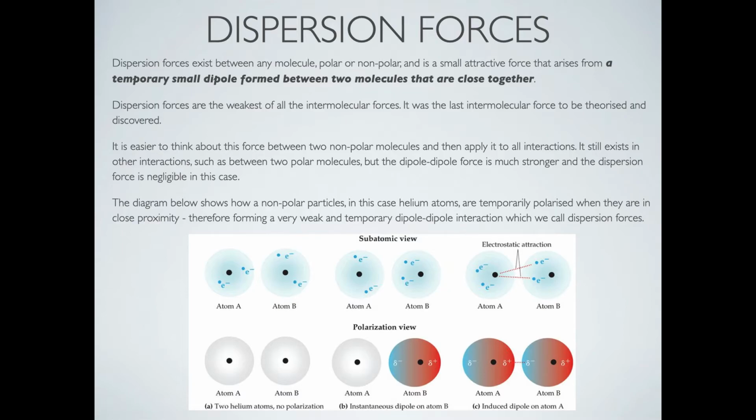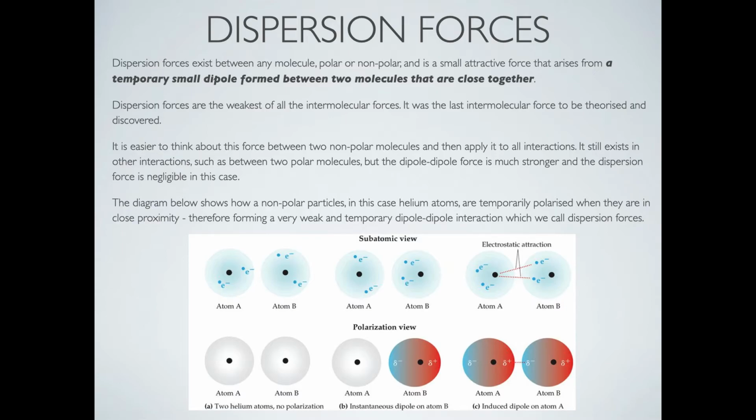When they're close together, you get attractions from the opposite one. They induce a very, very small dipole in each other because the positive protons are attracting the opposite's electrons also. And so they move around, and there's a very slight attraction between the partial positive and partial negative that only exists for a short time when they're close to each other.